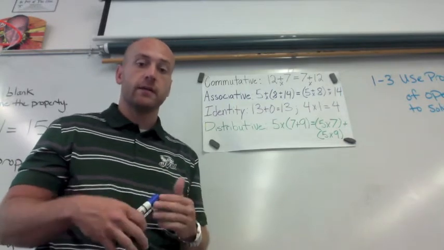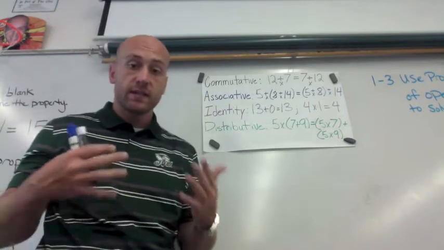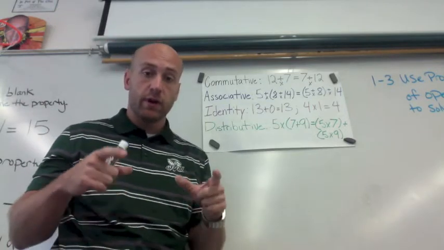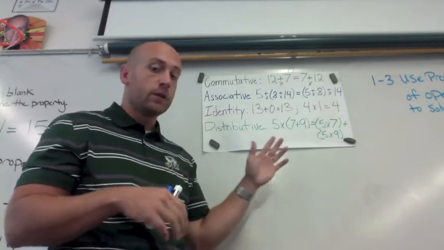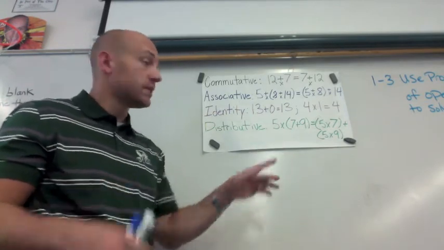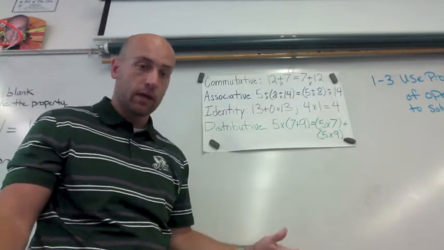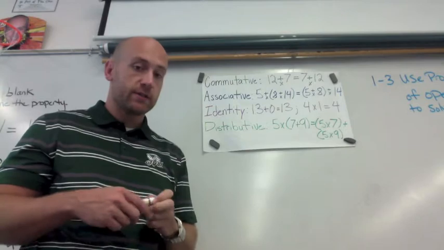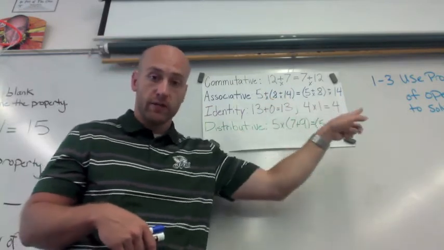We always want to get to what is easy, the nearest 10. So you could do the 6 and the 14 first, because we do everything inside the parentheses first, and then you could add the 8. So associative property just means that you can group numbers together differently and it'll still have the same answer, as long as all the signs are the same. They're all either plus signs or all multiplication signs.